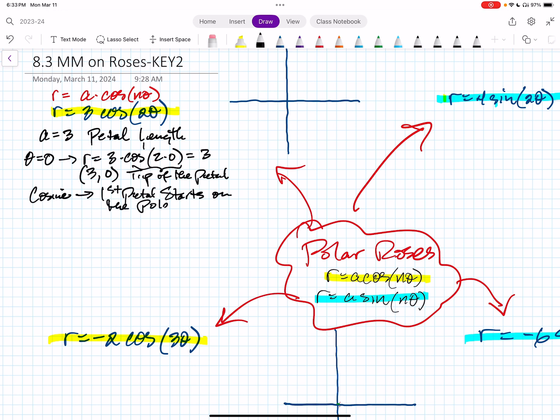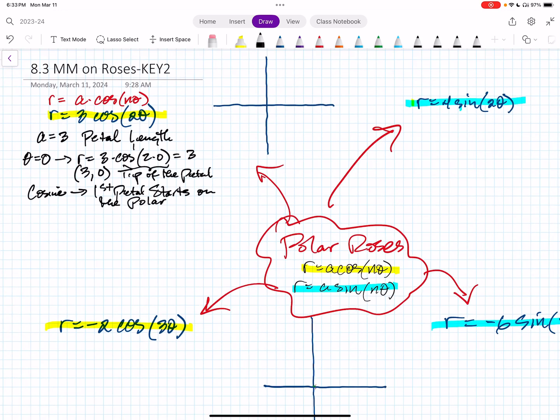It may be on the right side or the left side, and that depends on the a value. This time a is positive, so we start on the right side. Remembering all this is kind of hard, so substitute 0 in the function, figure out the radius, and then you can plot. The petal length is 3.